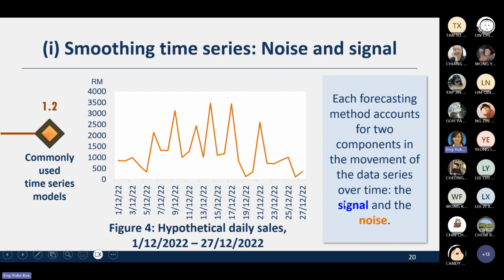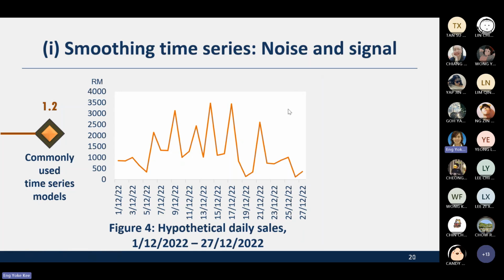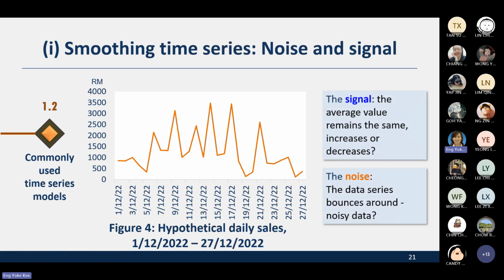Okay, so how do you see the signal? Signal is not strong because there is a noise there. The noise is the one that disturbs you. So you have to remove this noise or you have to smooth the noise. So how do you do that? Simple, by using moving average.